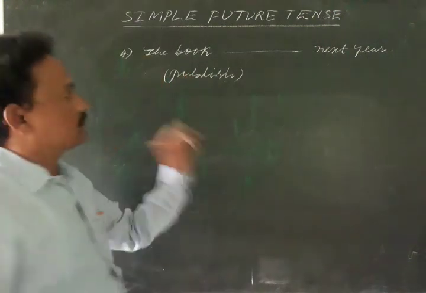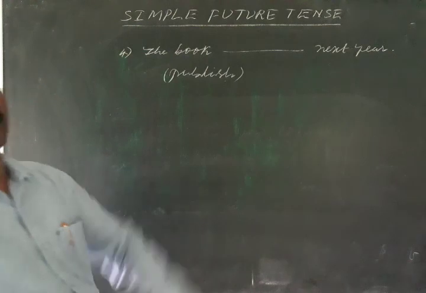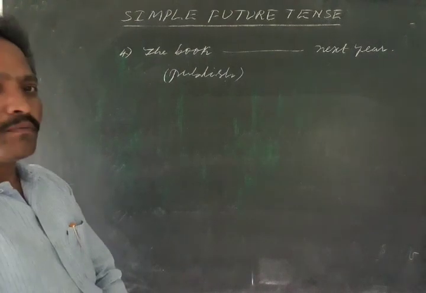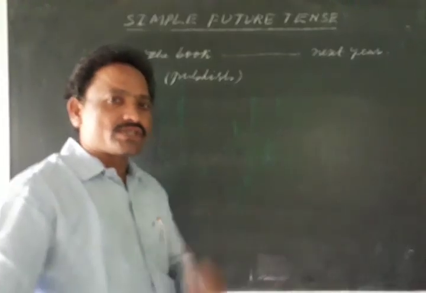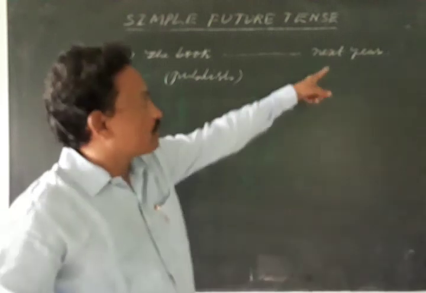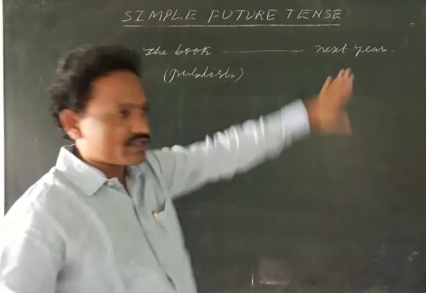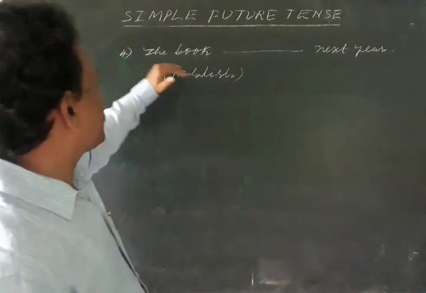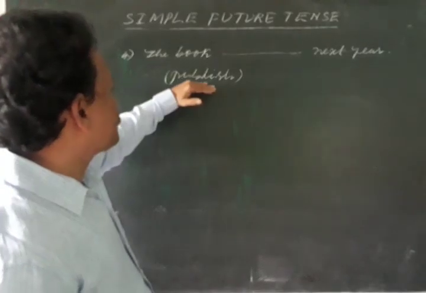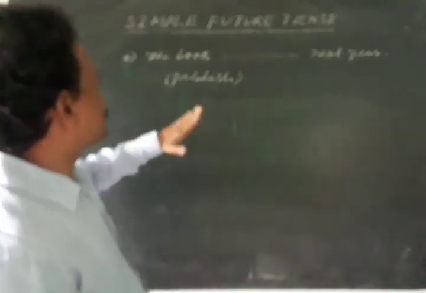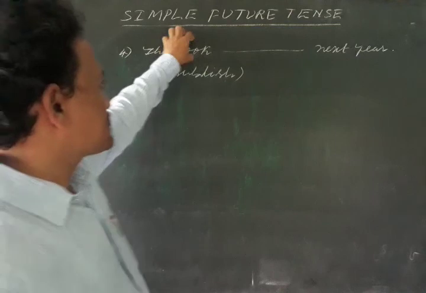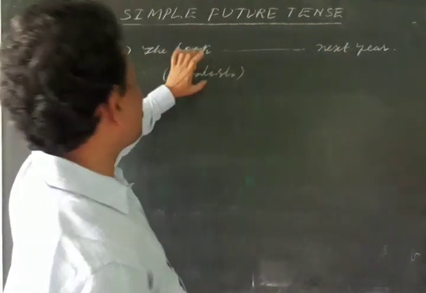The book published next year. Very simple sentence, but there is a twist in the sentence. What is the keyword first of all? Next year. Subject the book. Publish is the verb. Only three words are given: subject, keyword, verb.